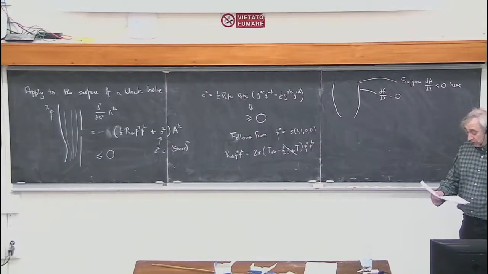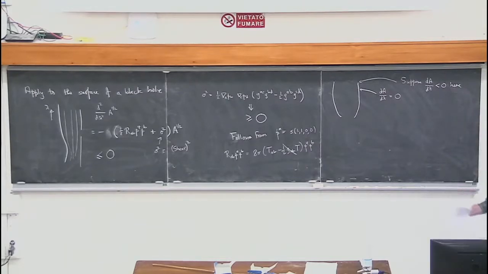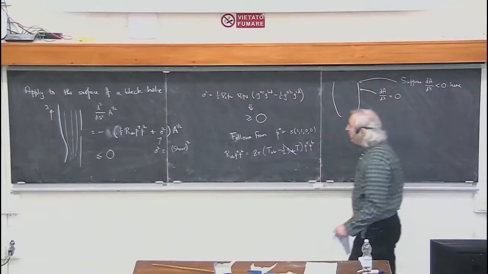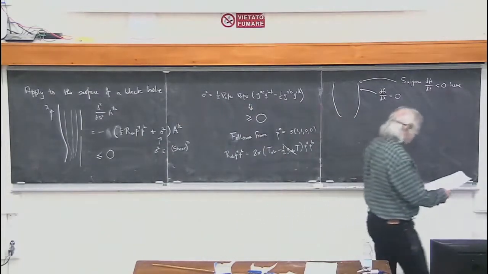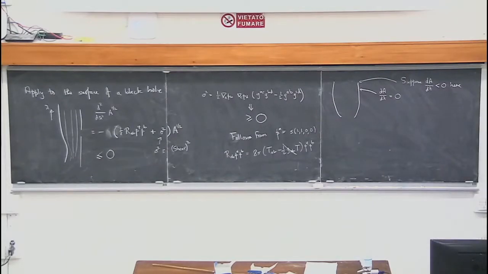Well, if you evolve things to the future, you will discover that since this is true, it follows that dA by d lambda is always negative.